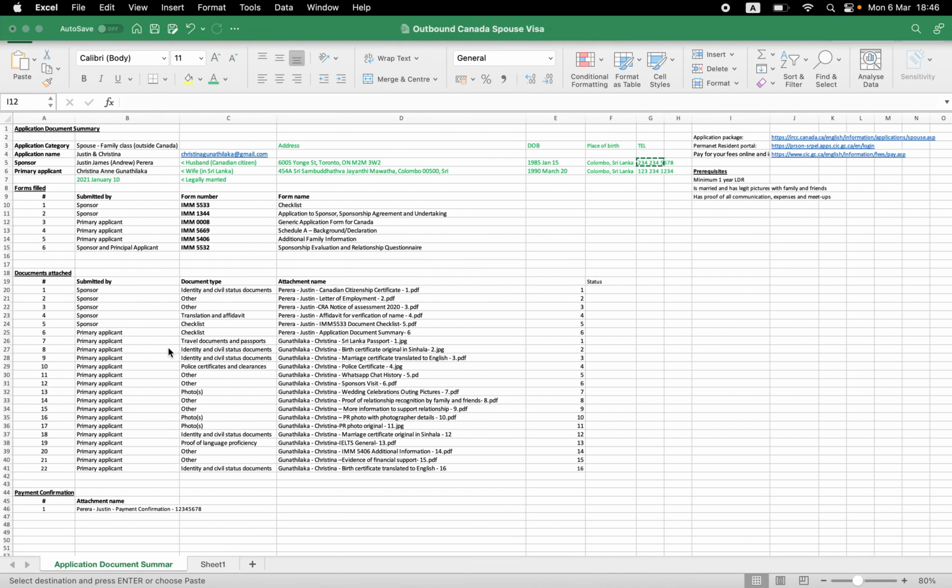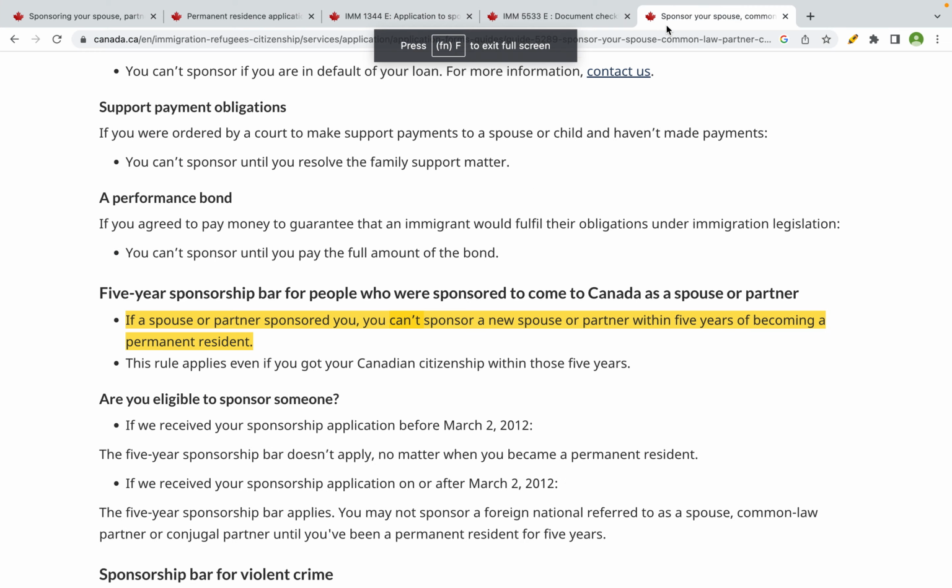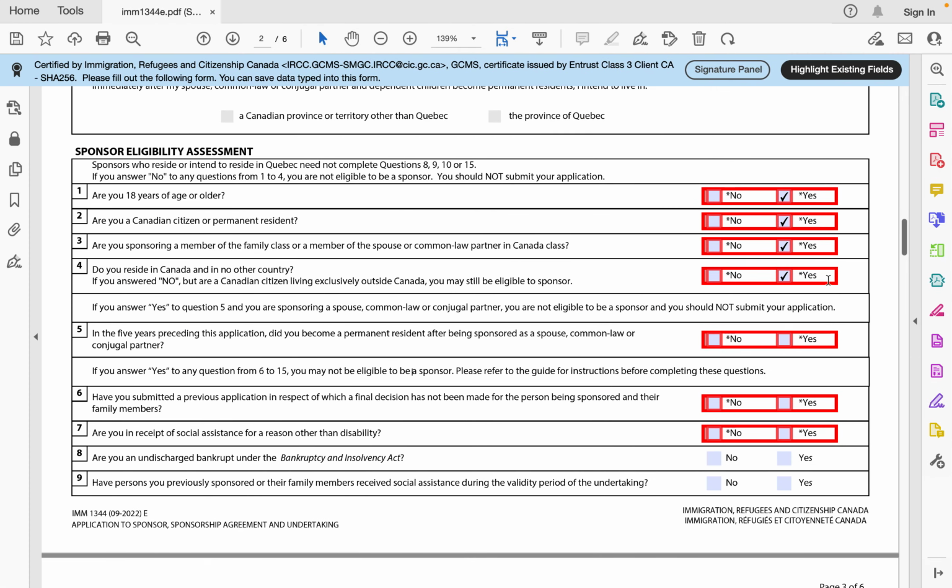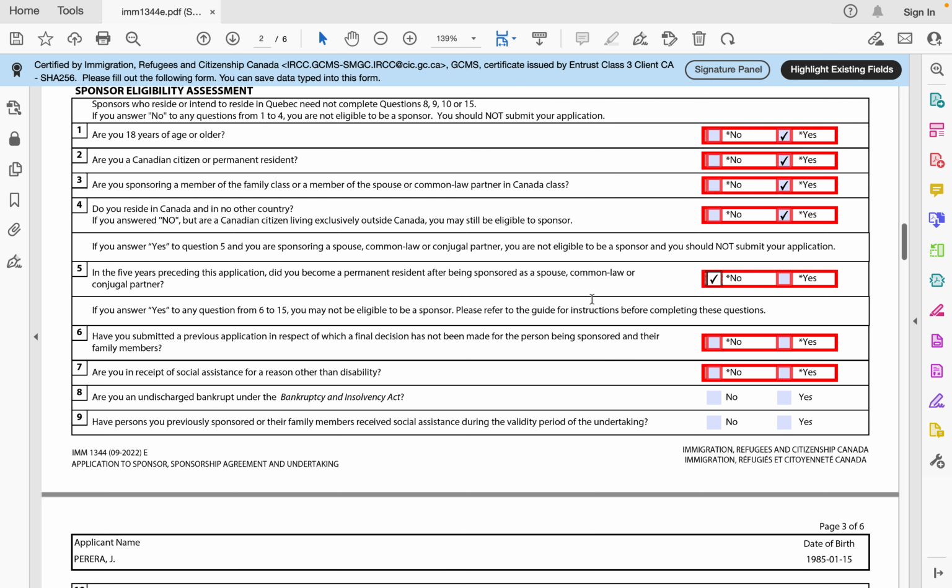This is coming because of these conditions: if a sponsor or partner sponsored you, you cannot sponsor a new spouse or partner within 5 years of becoming a permanent resident. So it was no, because my husband was not sponsored by another person.